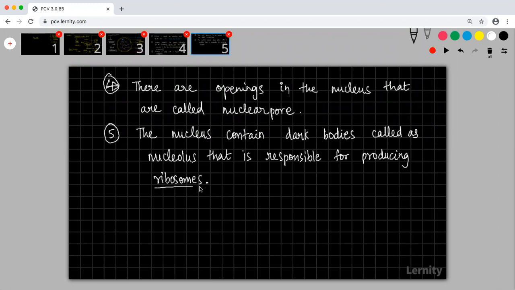You have a cell organelle which is called ribosomes. These ribosomes are a part of the cell organelle.